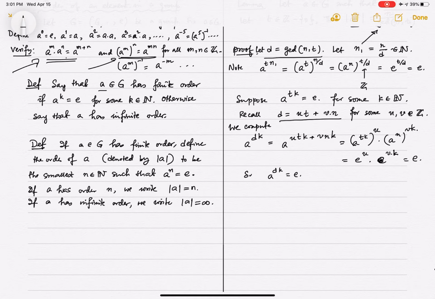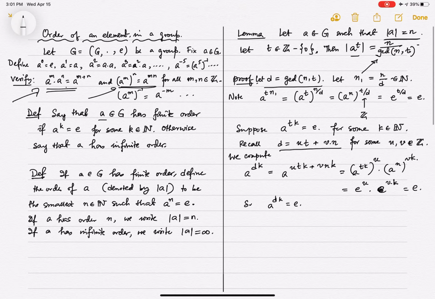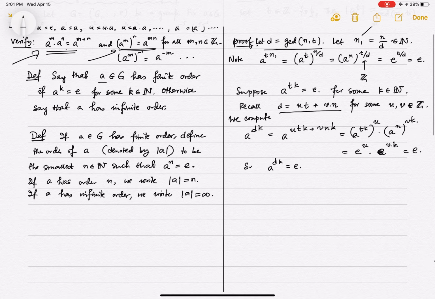But we know that some power of a is identity when that exponent is a multiple of n, because a has order n. From last time, the only positive powers of a that are identity are multiples of n.